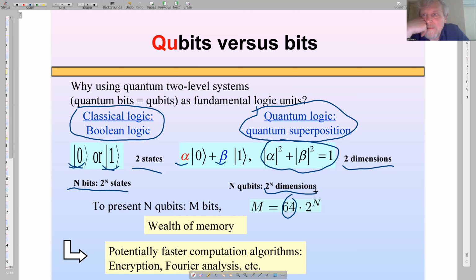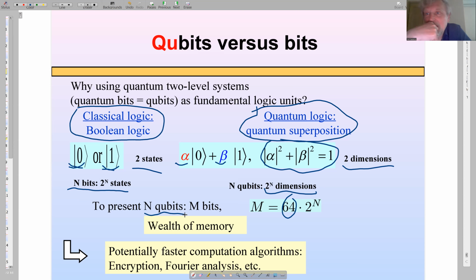All right, to change dimensions into number of states available, let us evaluate how many classical bits we need to present the state of n qubits. Let us see.